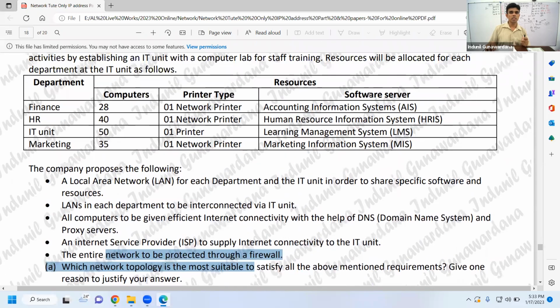Then they said some other servers here, right? In the finance department, AIS is there. If I label this as finance, here we have a server called AIS. This is server. And again for HR, HRIS. Let me call this as HR department. And for the IT unit, we have LMS.